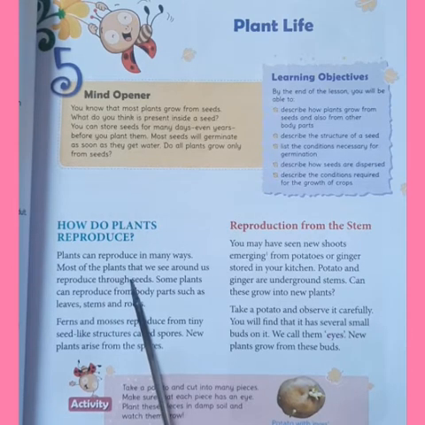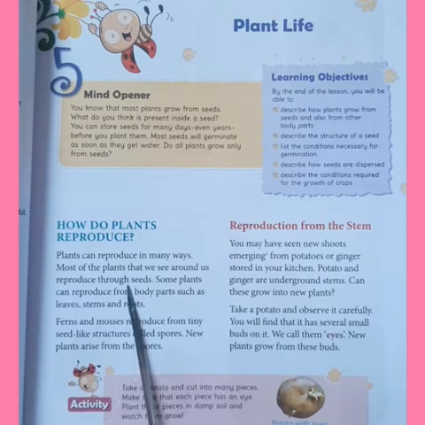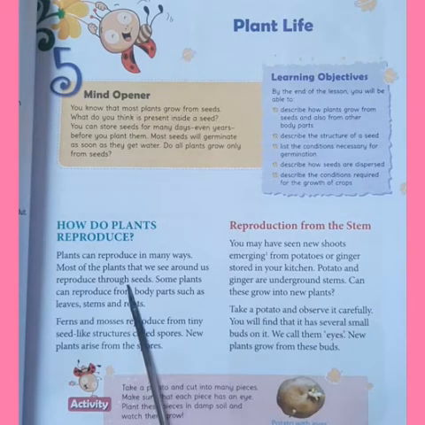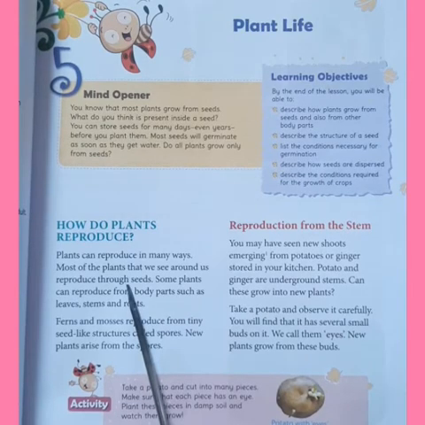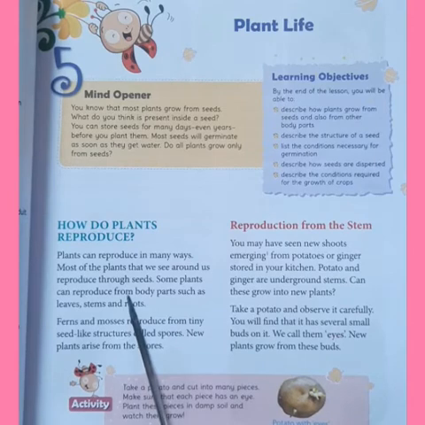Most of the plants we see around us reproduce through seeds, isn't it? When we put the seeds in the soil and give them water, it begins to form a new life. It comes out as a new greenish plant, isn't it?